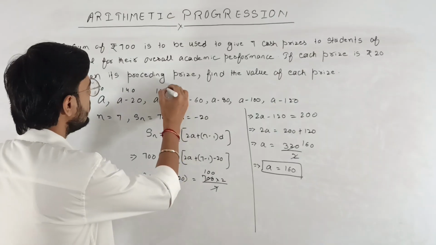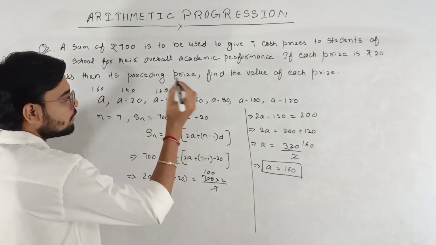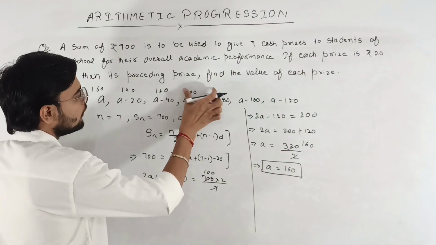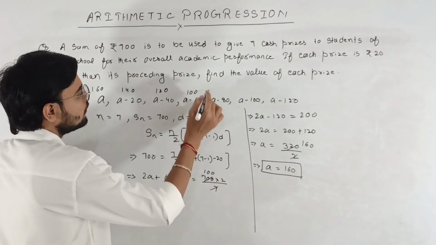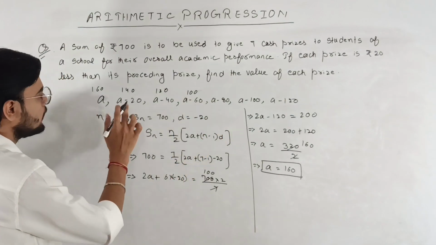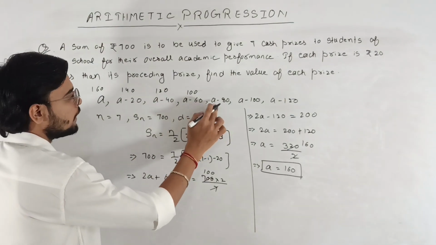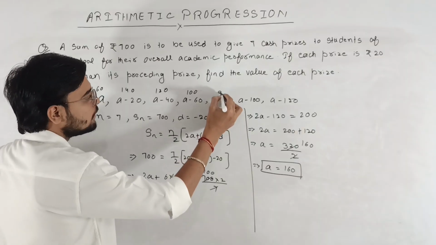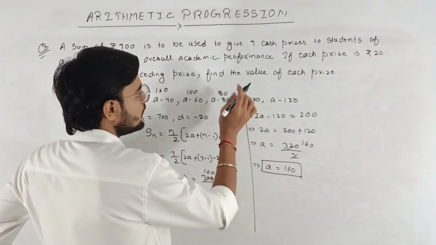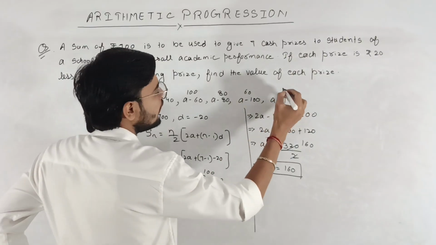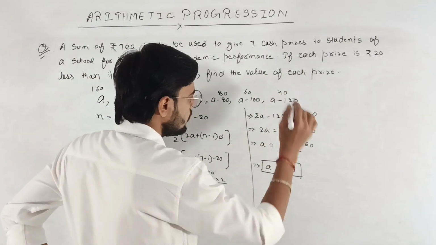Now the fourth prize is 20 less than this, so 120 minus 20 is 100. The fifth prize is again 20 less, which means 100 minus 20 is 80. The sixth prize is 20 less, so 80 minus 20 is 60, and the last one is 40.